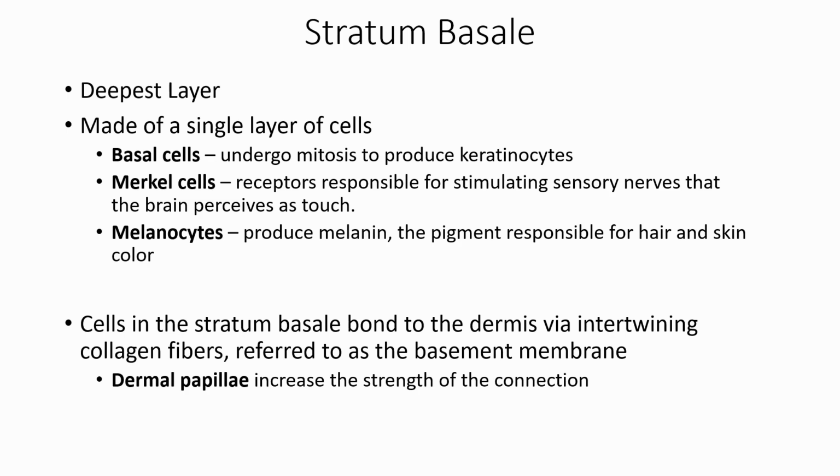The epidermis kind of dives down and then back up, and then the dermis kind of reaches upwards. So you have a wavy appearance where the epidermis and dermis meet. All those little extensions of the dermis that are poking upward into the epidermis are called papillae, and this is to help increase the strength of these connections so that the epidermis really truly is rooted down to the dermis.